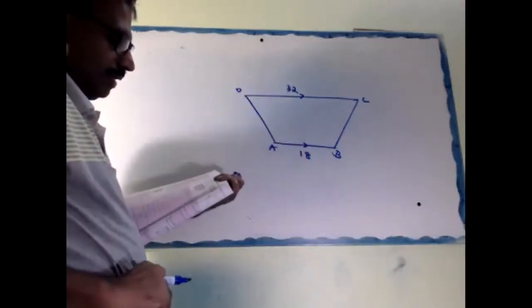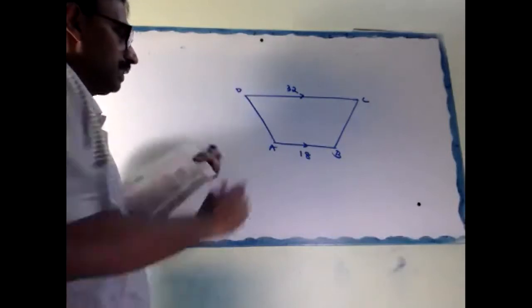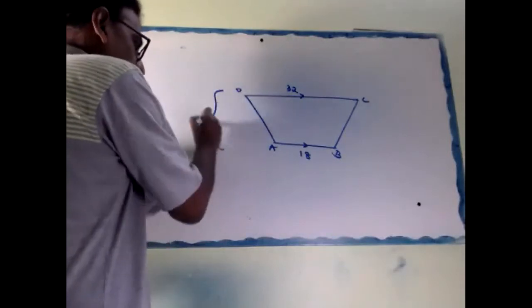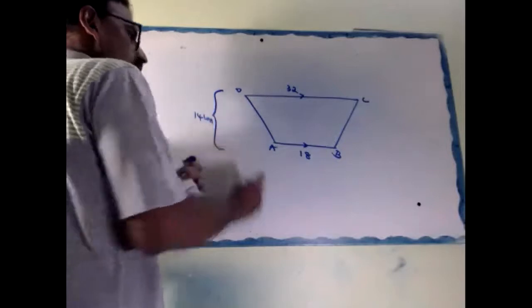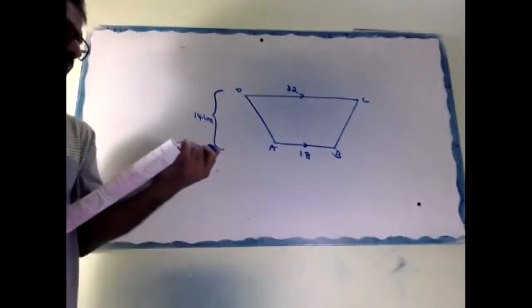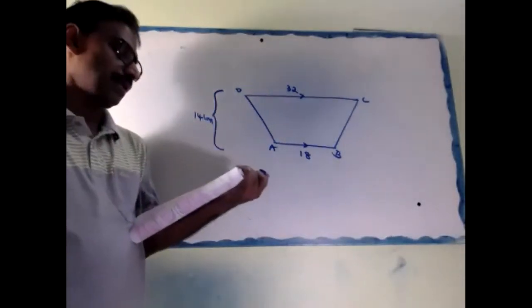And the distance between AB and DC is 14 centimeter.